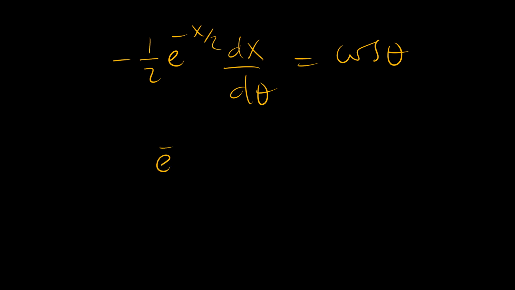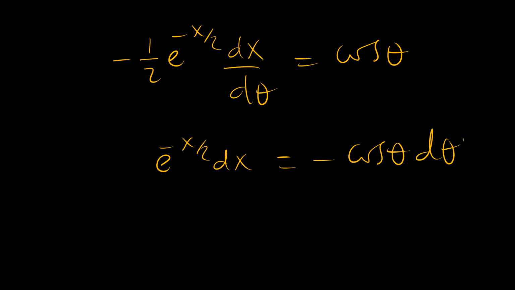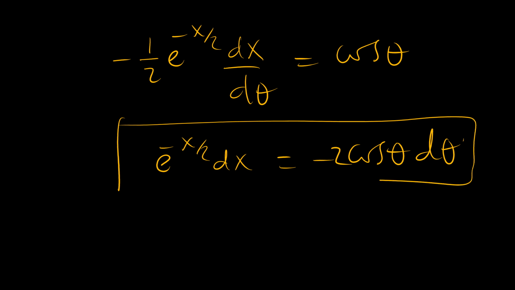And so e to the power negative x over 2 dx can be substituted with that, right?